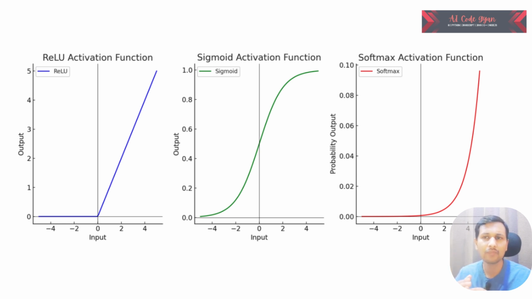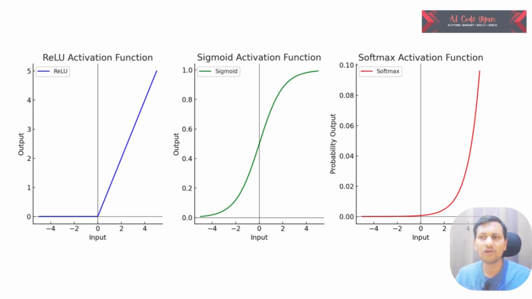Somewhere between -4 to 4, and for input above approximately 4, it will be nearly equal to 1. This is an important function as well. This was used most often previously, now ReLU is used more often.